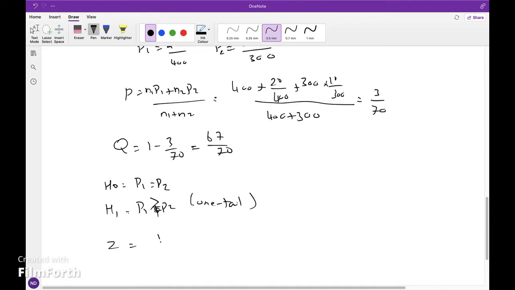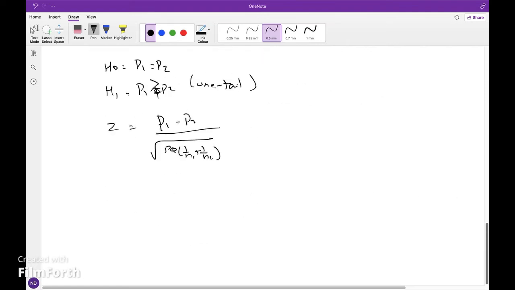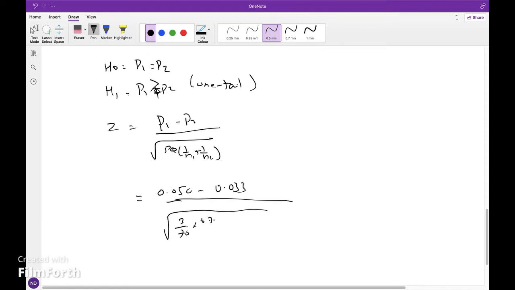The test statistic Z is equal to P1 minus P2 divided by square root of PQ into 1 by N1 plus 1 by N2. That is equal to 0.050 minus 0.033 divided by square root of 3 by 70 into 67 by 70 into 1 by 400 plus 1 by 300.